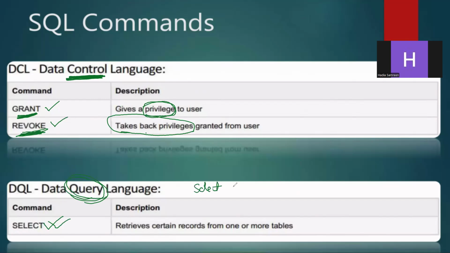We can select the entire table and we can even give a condition and select some particular rows, some particular columns, etc., by using this select command. So we can retrieve certain records from one or more tables using the select command. There are many more DQL commands, one of which is the select command.